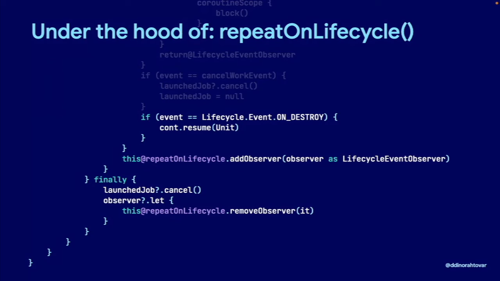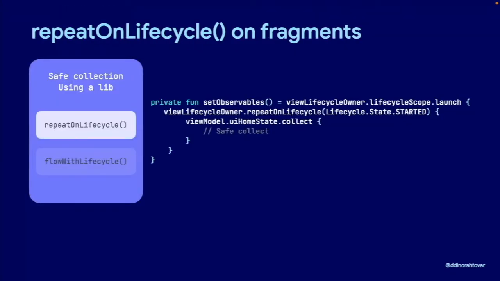It's already there. And if you want to look at all the documentation about this function, I think it's very cool. So you can now use this function, except that you need to make sure that you are always addressing the viewLifecycleOwner when you are trying to use your lifecycleScope.